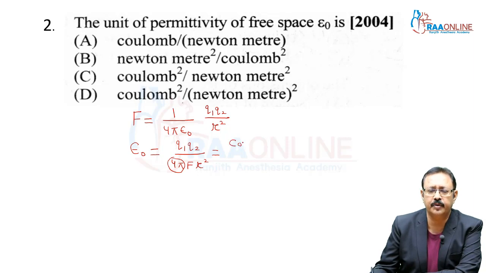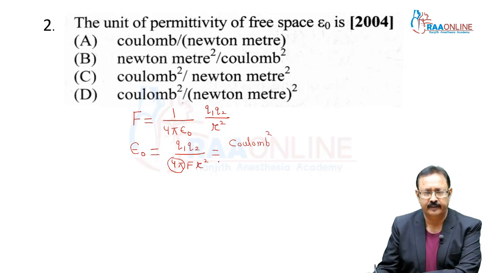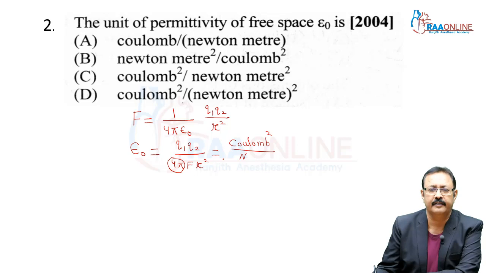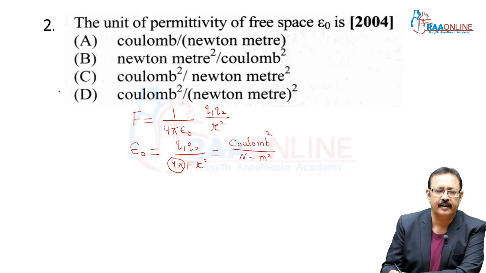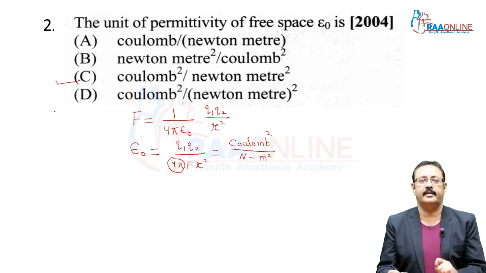Coulomb multiplying 2 times, so it should be coulomb square, divided by force, it is Newton, and R square, it is meter square. So we need coulomb square in the numerator and Newton and meter square in the denominator. I think you got your answer. Your answer should be C.